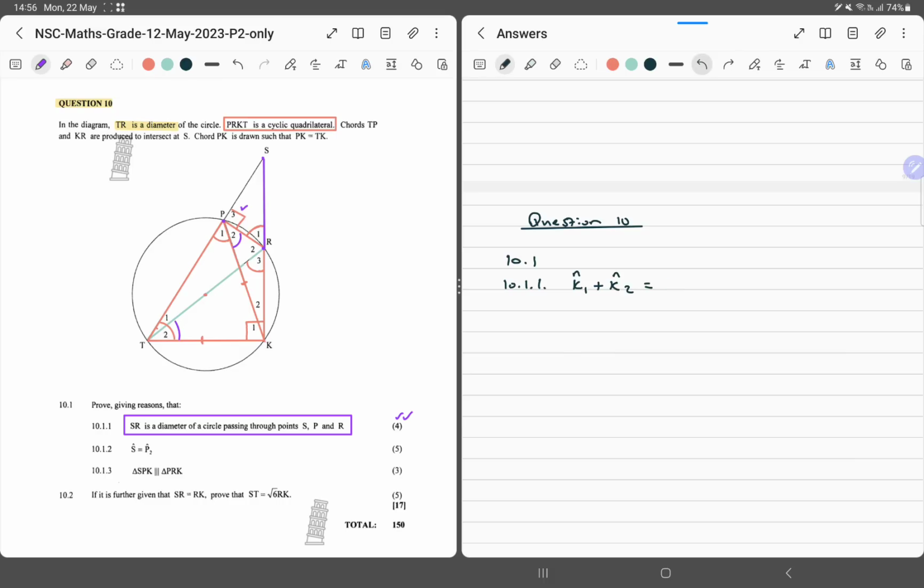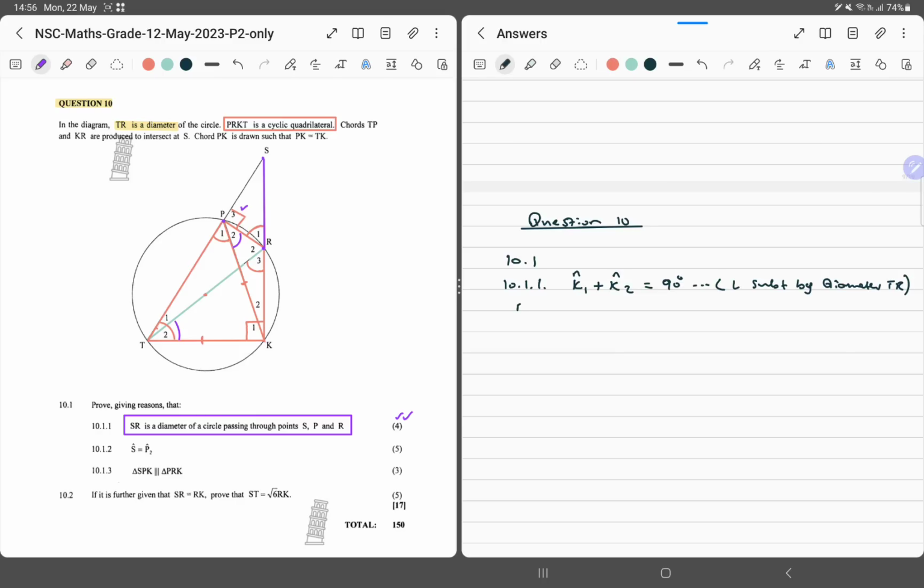No. First, let's say this is equal to 90 degrees. This is angle subtended by diameter TR, because the angle in a semicircle is 90 degrees.